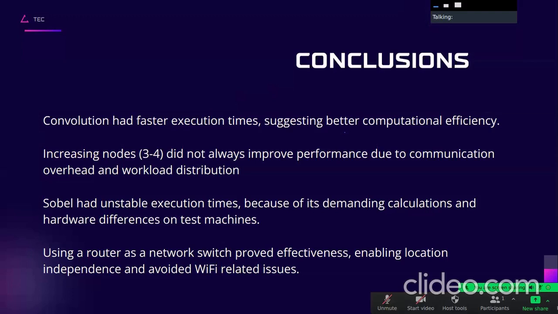We can also say that Sobel had unstable execution times because of its demanding calculations and the already mentioned hardware differences on the test machines. Finally, a positive aspect about all of this research was that using a router as a network switch proved effective, which enabled location independence and avoided Wi-Fi related issues.